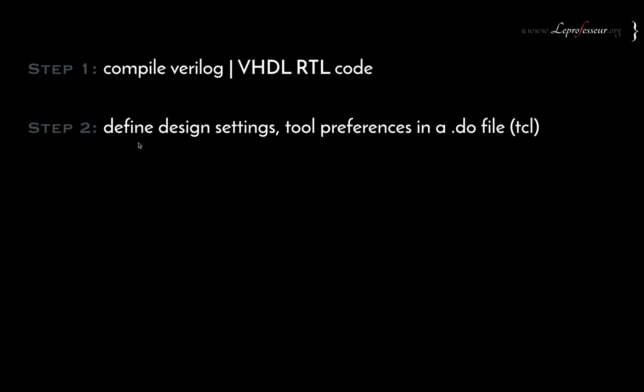In case of CDC, you define the CDC-specific settings, the different preferences, in a .do file. .do is another way Mentor uses it. It's a Tcl file. So if it's a simple Tcl file, you can say do and then the Tcl .do file or something. In other words, these are Tcl commands.